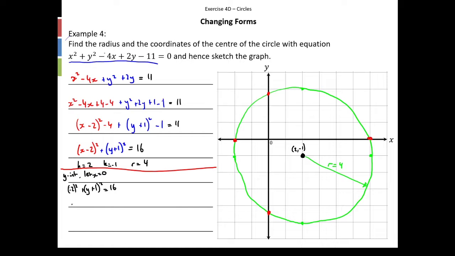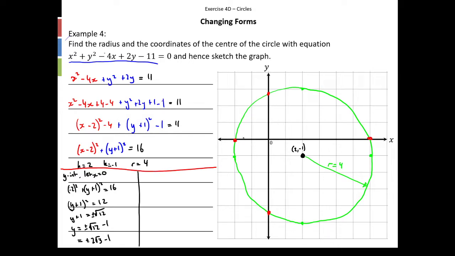Take away 4 from both sides, so we get y plus 1 all squared equals 12. We get y plus 1 equals plus or minus root 12. We get y is equal to plus or minus root 12 minus 1. Let's simplify this, because that's going to be 4 times 3, so we get plus or minus 2 root 3 minus 1.